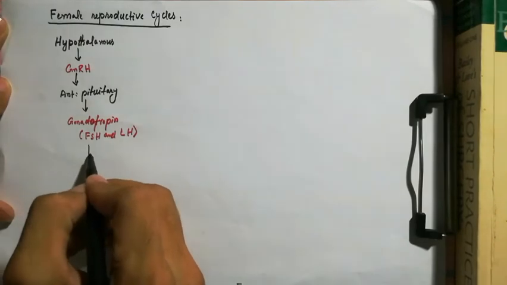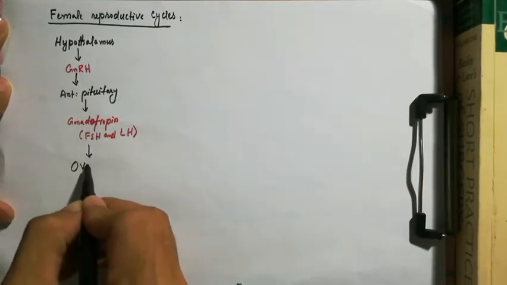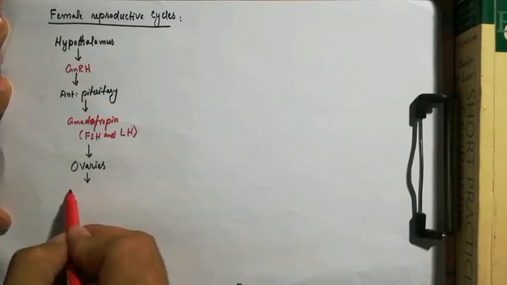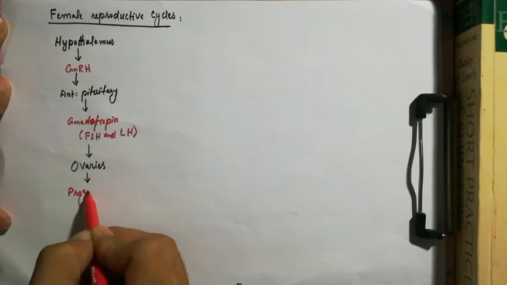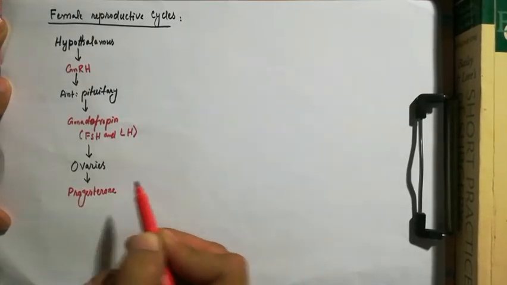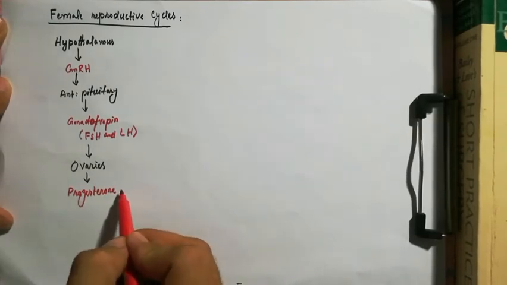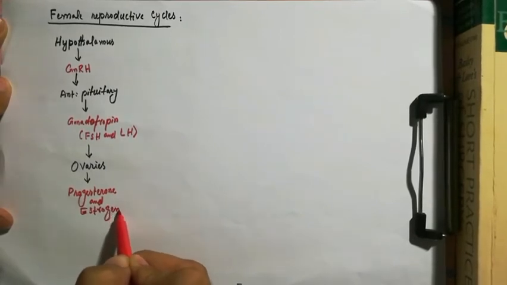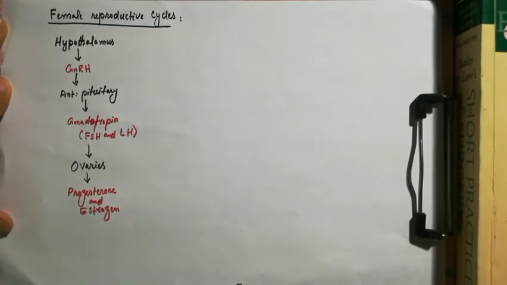These gonadotropins act on ovaries and ovaries secrete progesterone and estrogen, and these progesterone and estrogen act on endometrium.